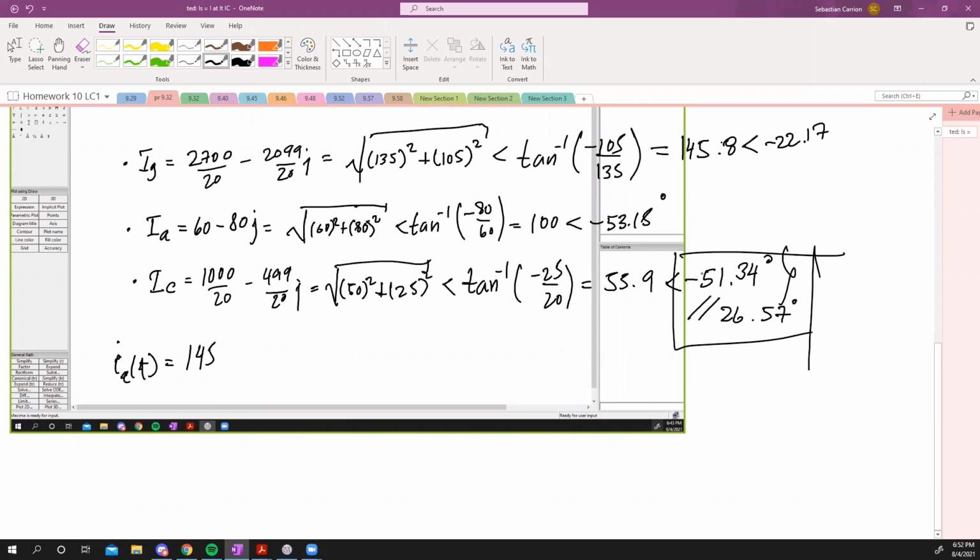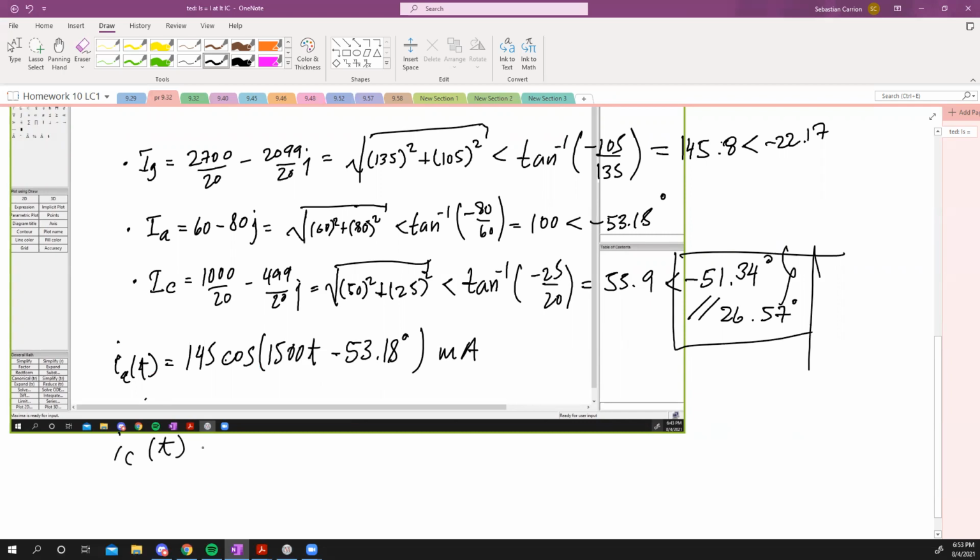This is controversial, I think. IA is 100 cosine of 1500t, with minus 53.18 degrees, and this is in milliamps.